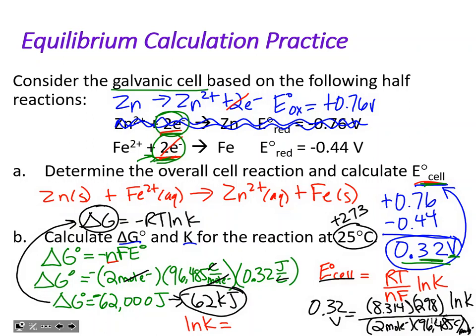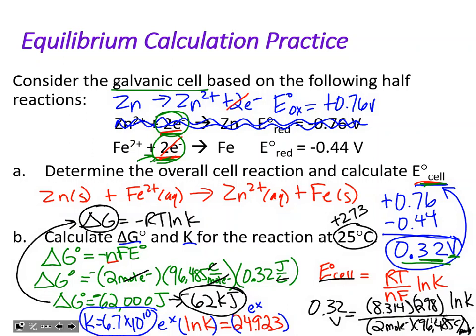So I'm getting for ln K 24.923 whatever, and then remember, do the e to the x on both sides so that we can get K by itself. So e to the x here is going to end up giving us a K value. K equals 6.7 times 10 to the 10.